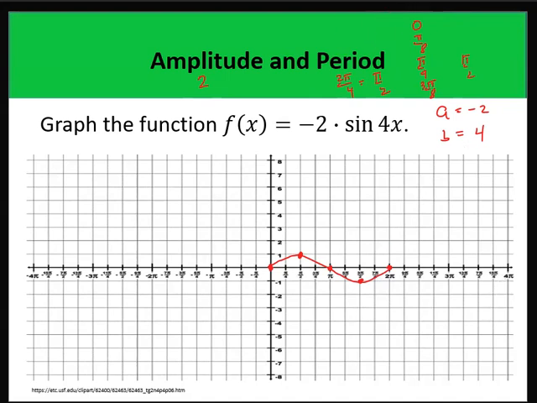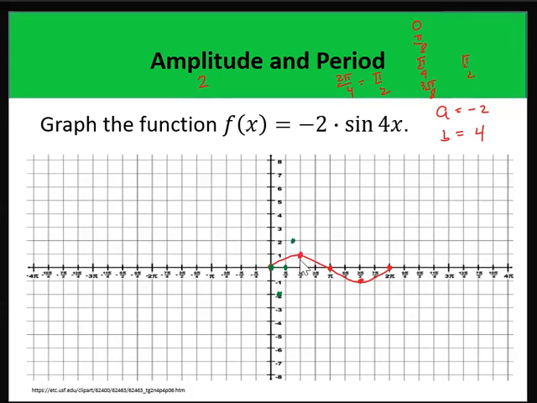So at x is equal to 0, of course, if this is the sine function, we begin with the origin. But when x is equal to pi over 8, which is somewhere here, we have to use negative 2 as the value because it must be reflected along the x-axis. And then when x is equal to pi over 4, we go back to 0. And then when we use 3 pi over 8, which is between pi over 4 and pi over 2, we move to positive 2 or y equals 2.